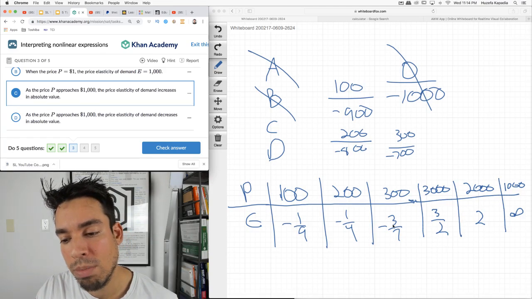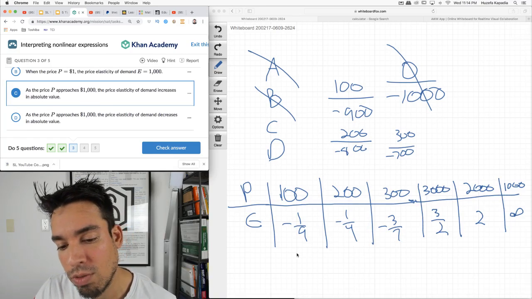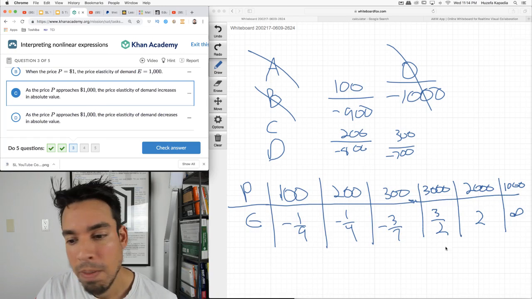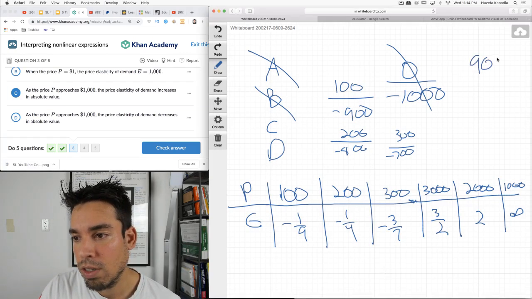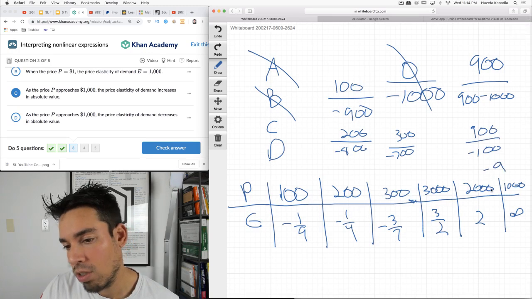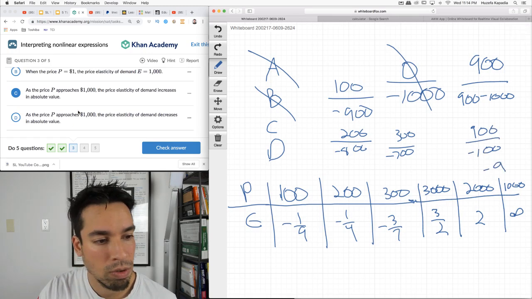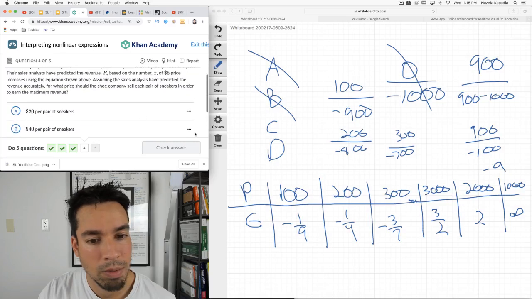Here it's actually getting bigger negative, but the absolute value is increasing. If we took absolute value, this is 1/9, 1/4, 3/7. And if I plugged in 900 or something, it'd be 900 over 900 minus 1,000, which is 900 over negative 100, which is negative 9, whose absolute value is 9, and so on and so forth. So that makes sense, hopefully. Yeah. Cool. All right, number 4.